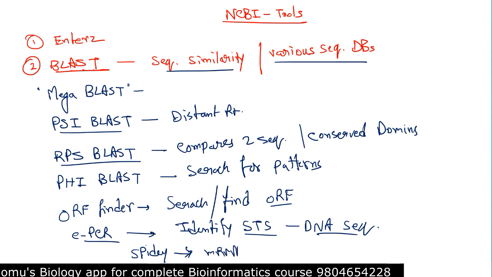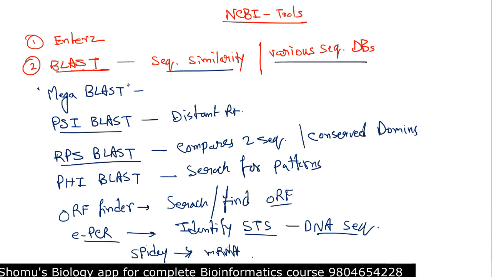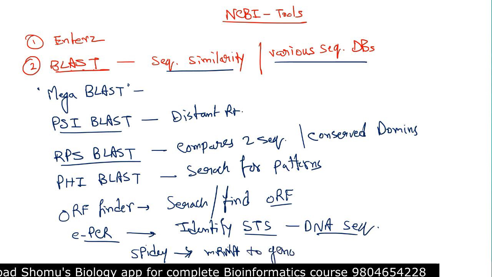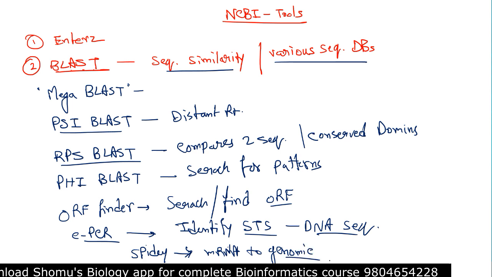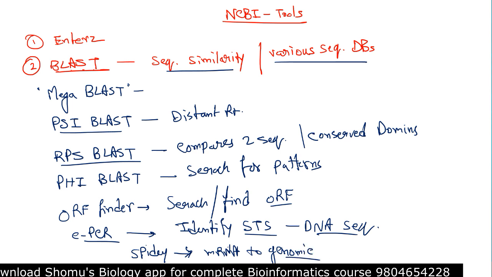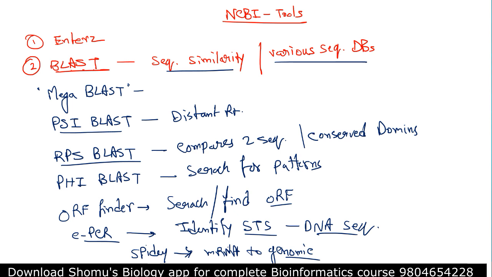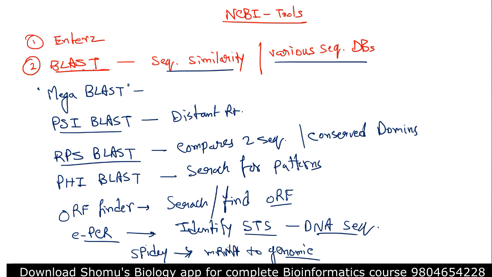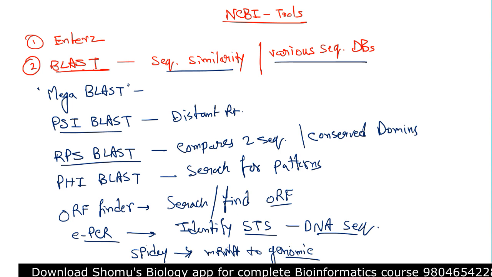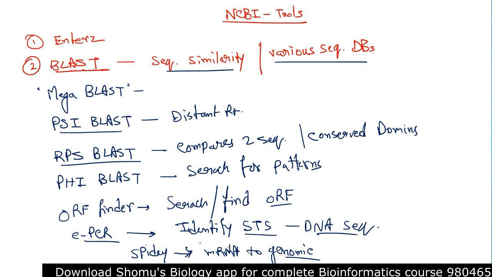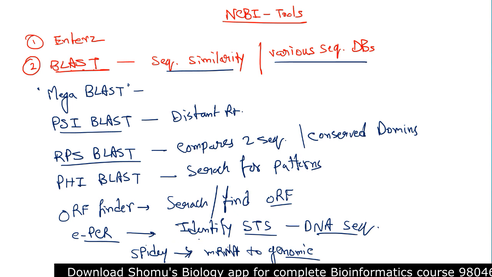When I say genomic, it means not only DNA alignments are different, genomic alignments are different, RNA alignments are different. So when mRNA is checked with genomic structures or sequences for the alignment, SPIDEY is a tool that we can use for that. Okay.